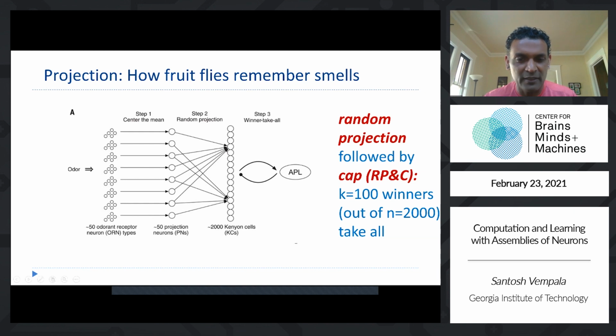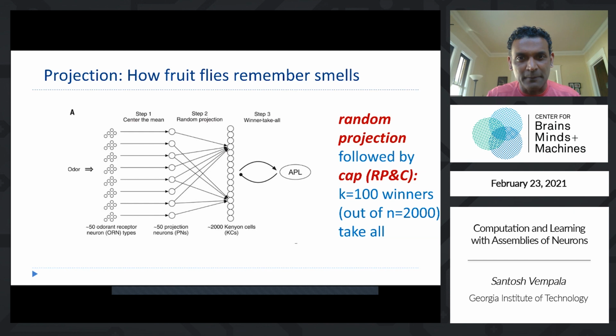So the top 100 are the ones that go through, the rest are silenced. So this is the motivation for random projection and cap. You have the sensing, after which there's this random projection to a larger space. I mean, it's still a projection, but to a larger space, maybe random lifting. And then there's a cap. You only take the top K. Okay, so that's the whole procedure.